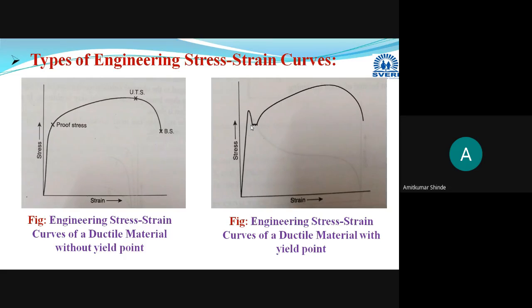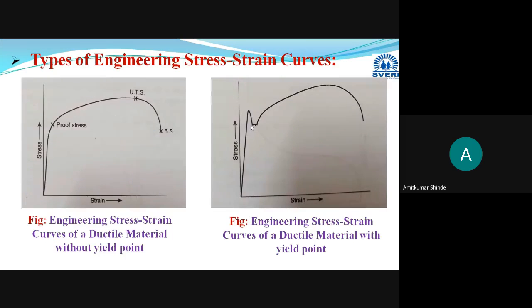Now for ductile material, two types of stress strain curves will be there. The stress strain curve for ductile material without yield point, visible in the first diagram, and the stress strain curve for ductile material with yield point. What is the meaning of yield point? Already we have discussed that.